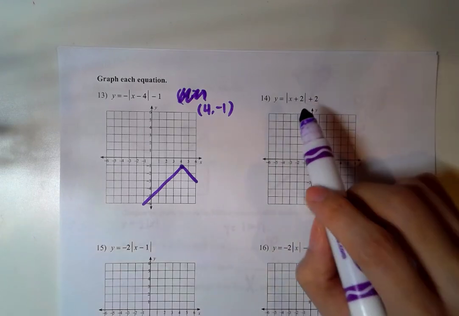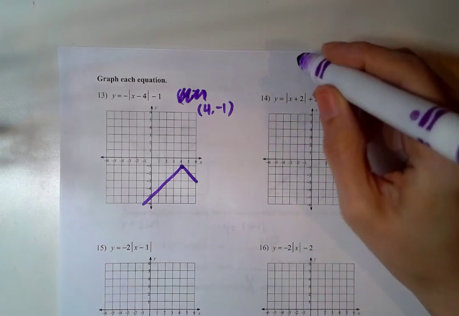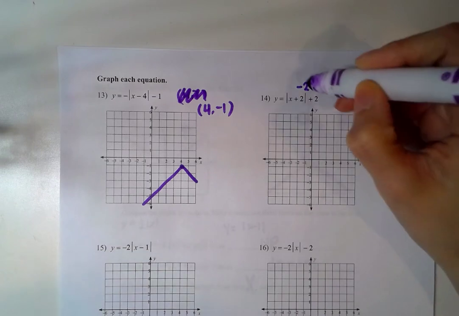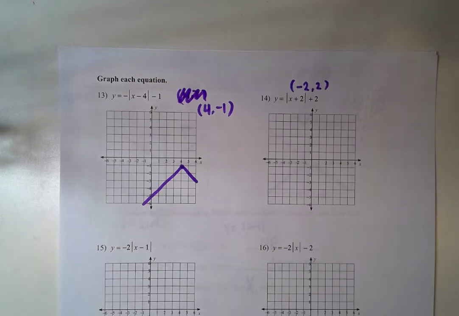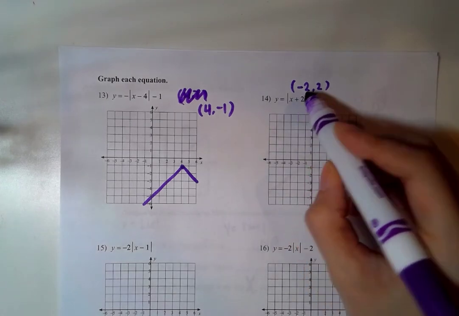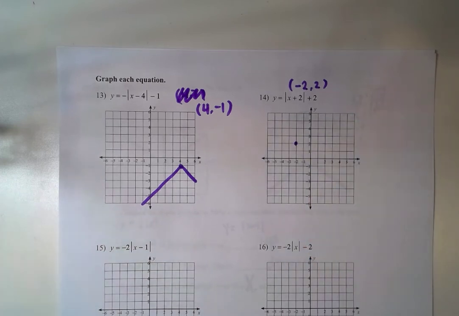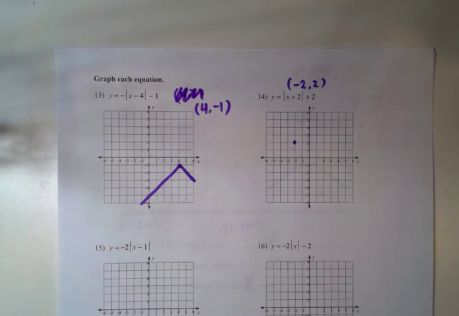And your vertex, tell me, +2. So you do the opposite sign, which is -2. And for the outside number, you just use exactly the same thing. So -2, 2. Move to the left 2, move up 2. Or you can say, oh, my vertex is -2, 2. And you go to the point.